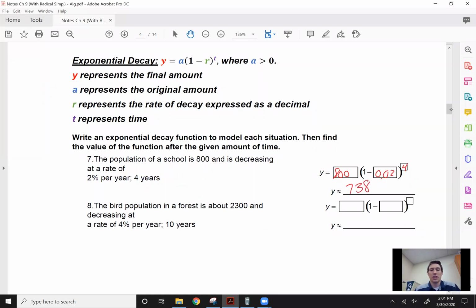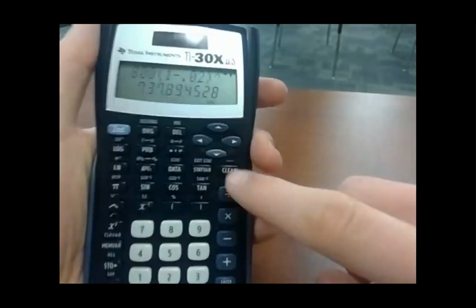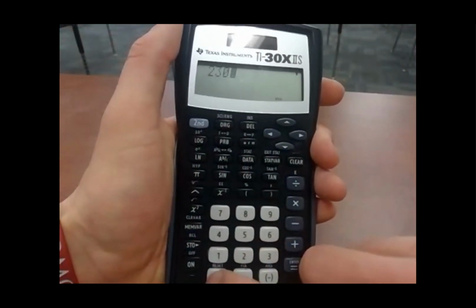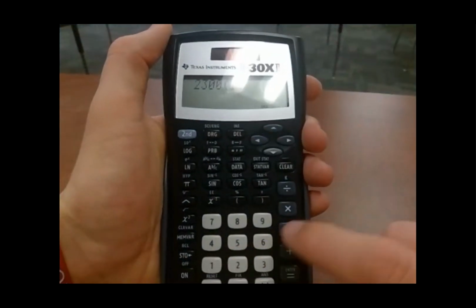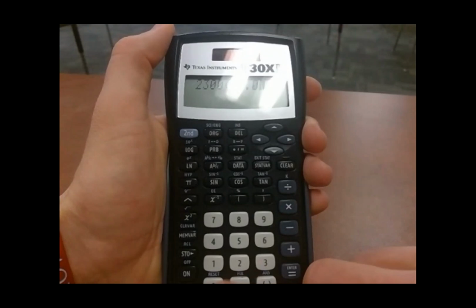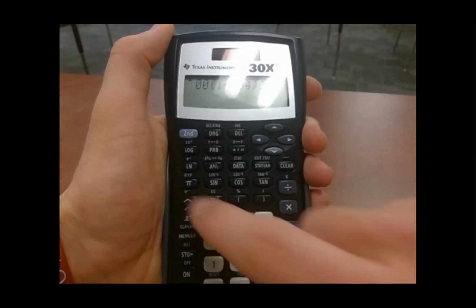Okay. Last one here says the bird population of forests is 2,300. Start with 2,300. 1 minus 0.04. After 10 years, what's it going to look like? So I go 2,300 1 minus 0.04 to the 10th power.